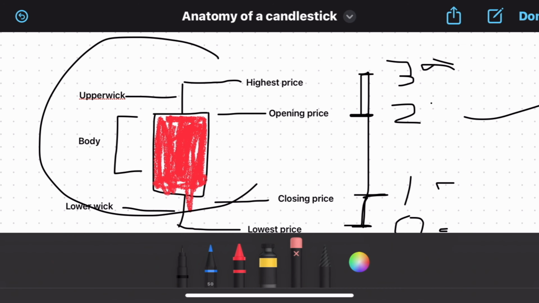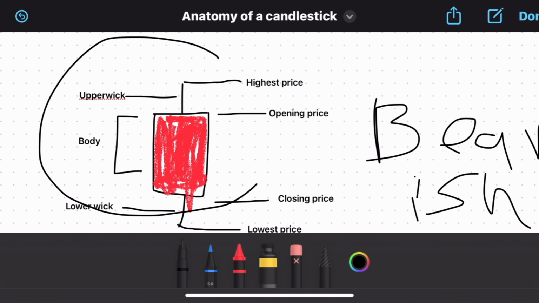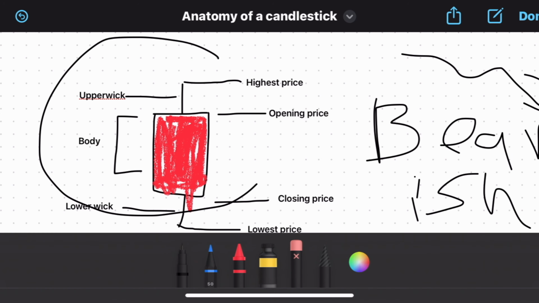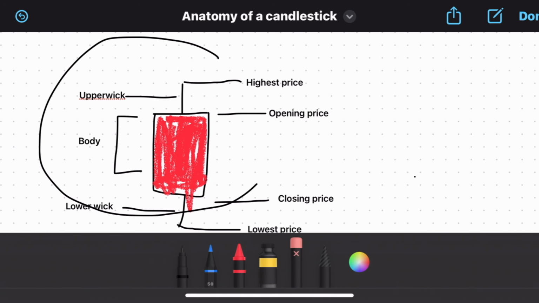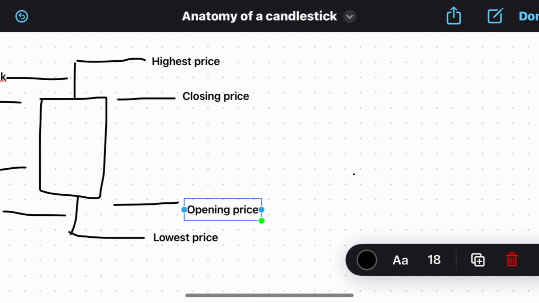Now let me try and draw a bullish candlestick. A bearish candlestick simply means that price is going down. So let's try and draw a bullish candlestick. We have price opening at this point.